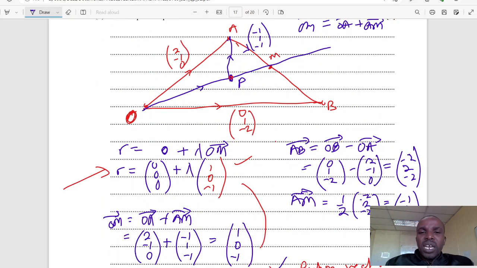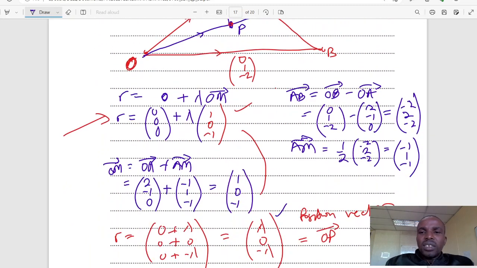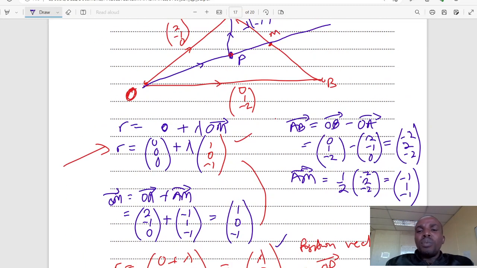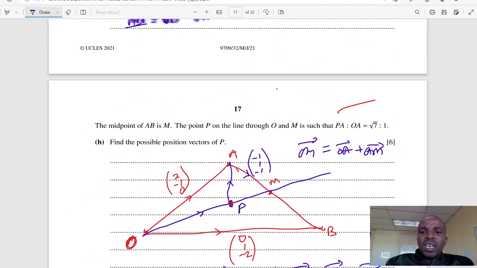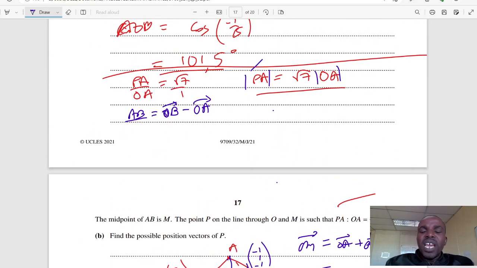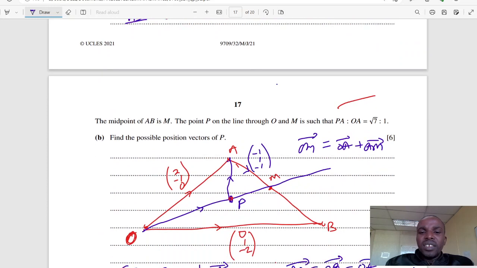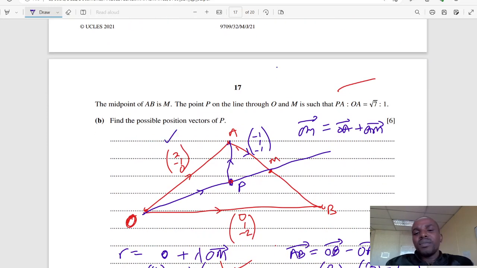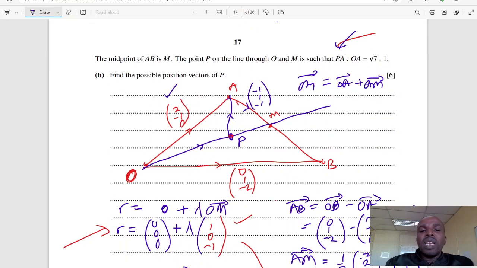Then I have to find my position vector. So I have my OP, and I have PA here, then I have my OA. OA is this one. Then I can find my PA here, because PA is the one whose relationship is explained in this case. So let me find my PA.